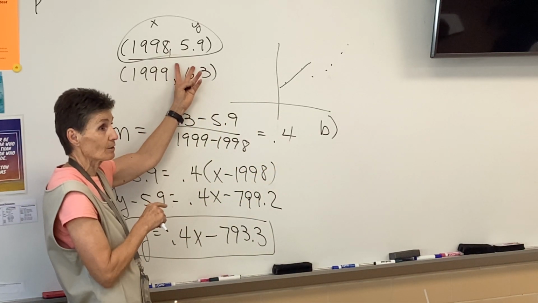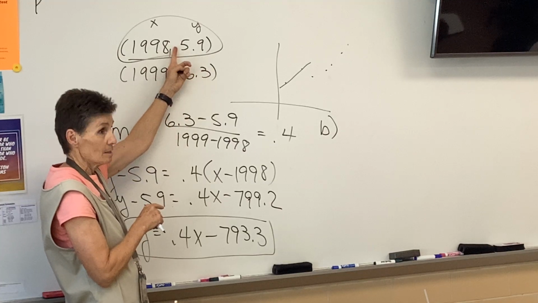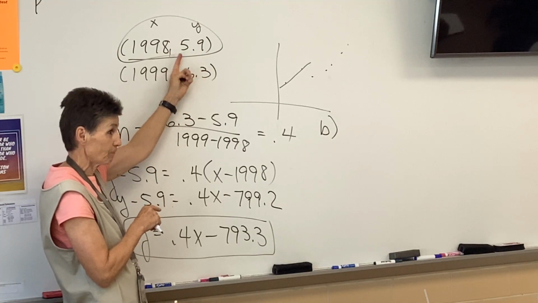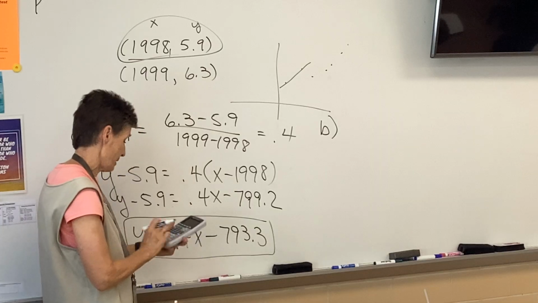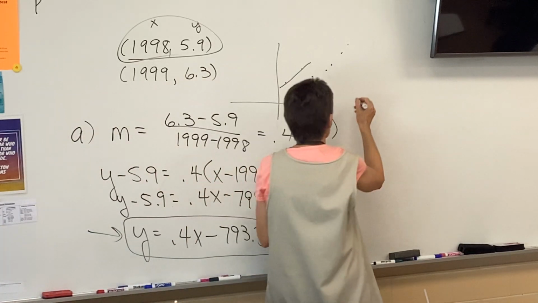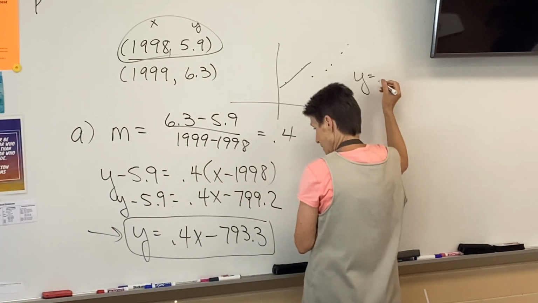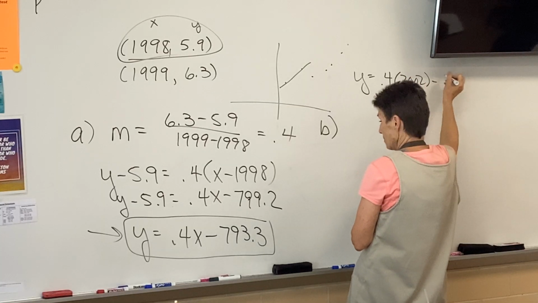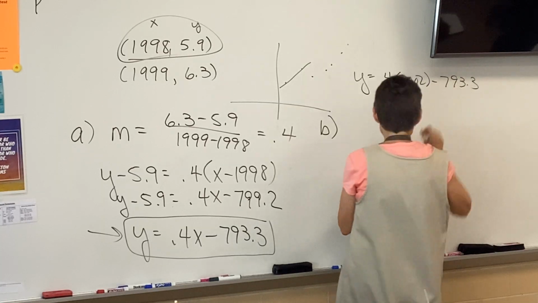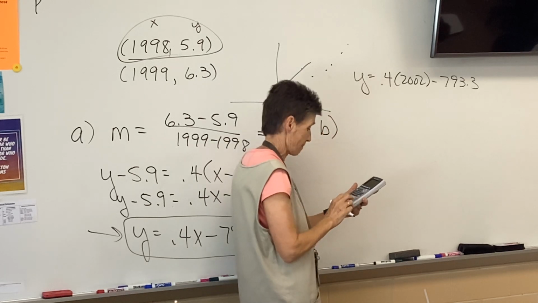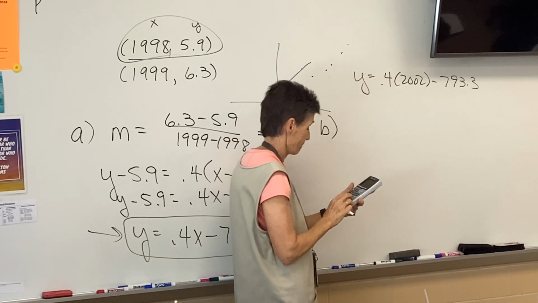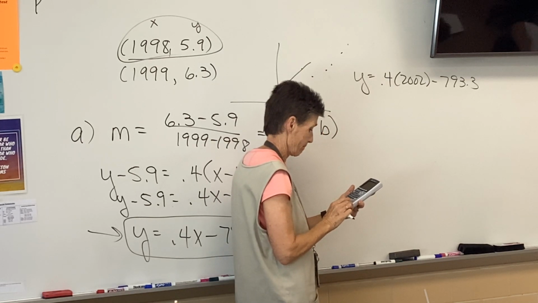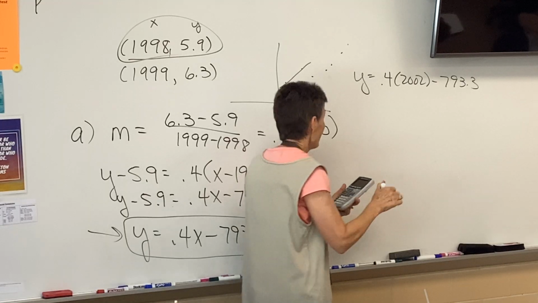Which one is the year? X. So I'm going to plug in 2002 for X, and if I do that, 0.4 times 2002 minus 793, what do I get? I got 7.5.